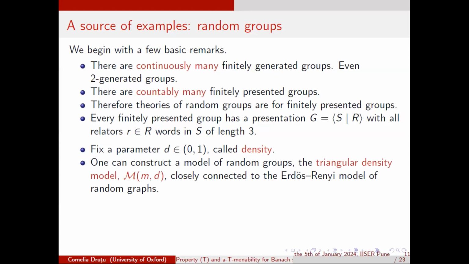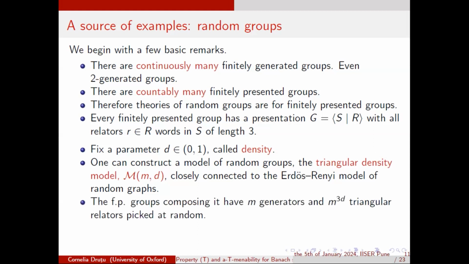The model that I consider is the so-called triangular density model. Its advantage is that it is closely connected to a known model of random graphs, the Erdős-Renyi model. In fact, many of the results, and one of the central results that I will mention, come precisely from that random graphs model.